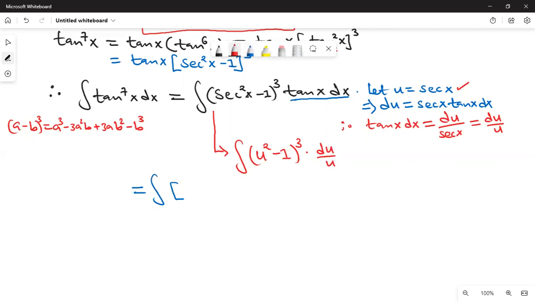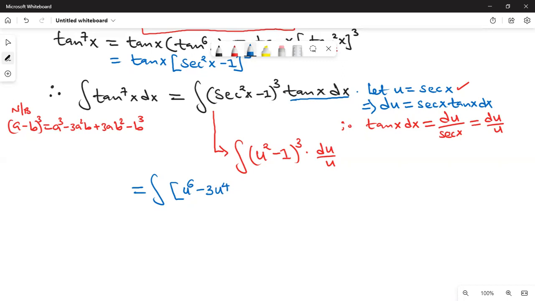So we are using this expansion. To expand this, it will be u squared, then you cube it. That will give us u raised to 6. Then minus 3a squared b. So that's minus 3 times u squared squared, which gives u raised to 4, then times b. Our b is 1. So this will give us u raised to 4.